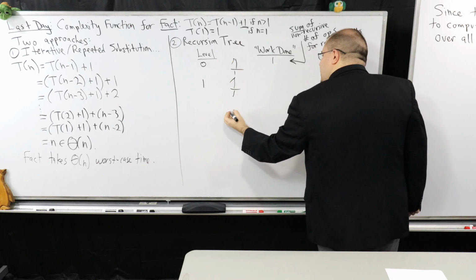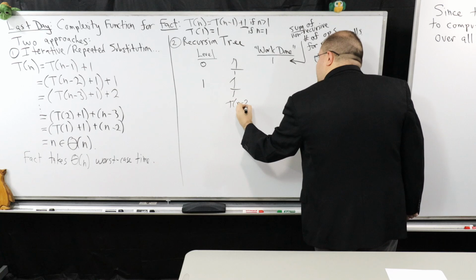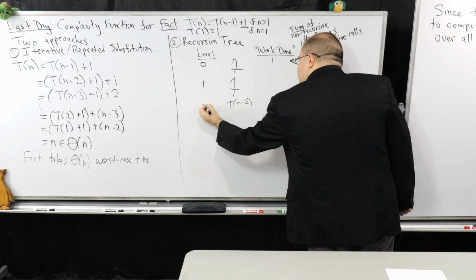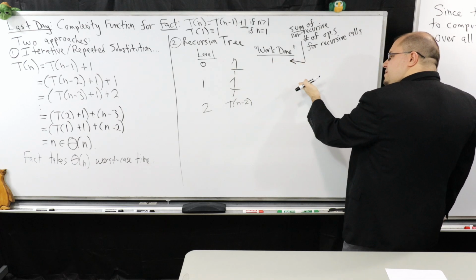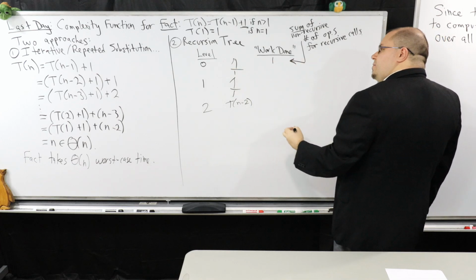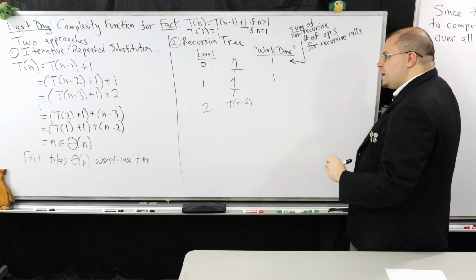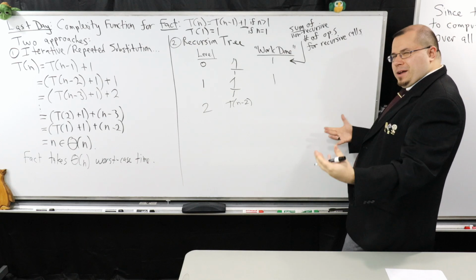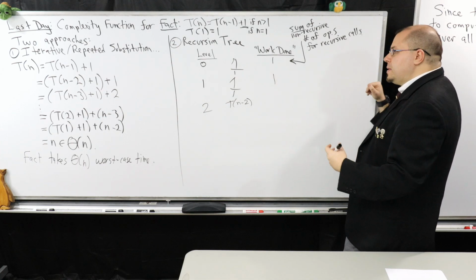These are 1s. I do one recursive call. That's going to be on T of n minus 2, and this would be level 2 in the tree. If I sum up over the levels of this tree, notice that the work done at this level is 1 again. You're going to see when we do something a little bit more interesting that this is going to be a little different than what I have over here.